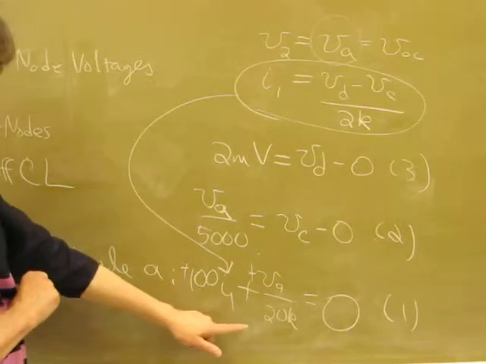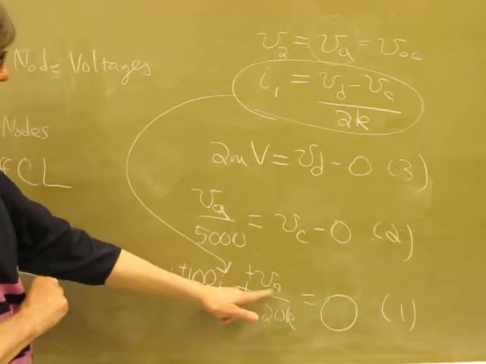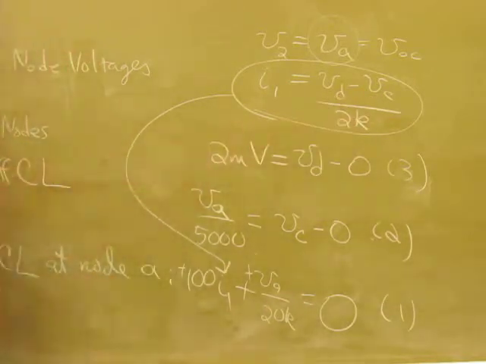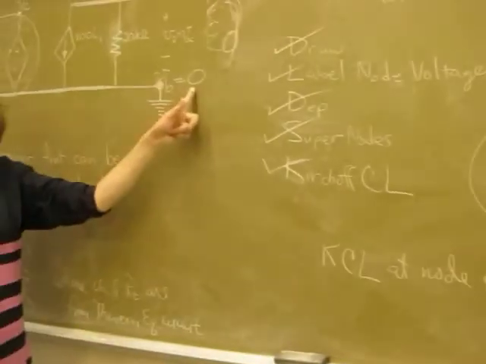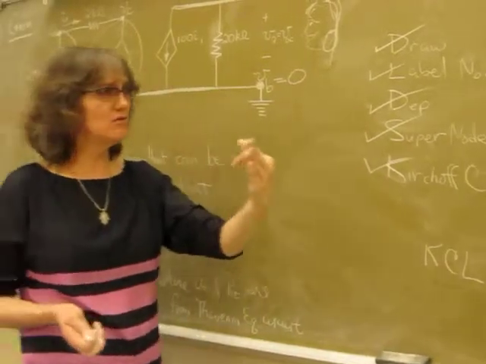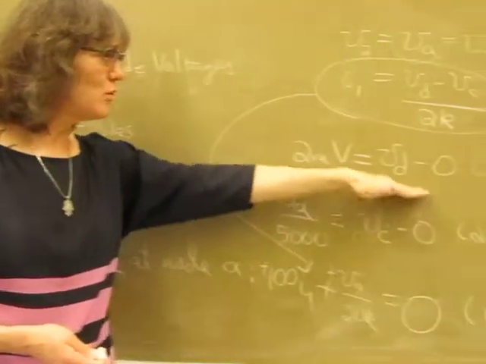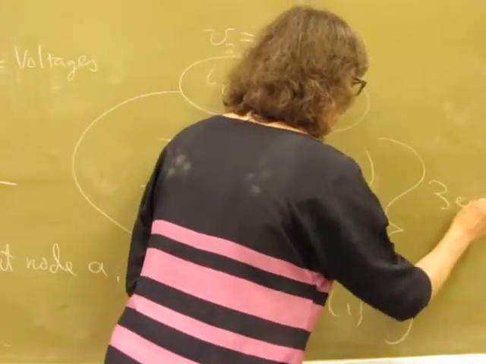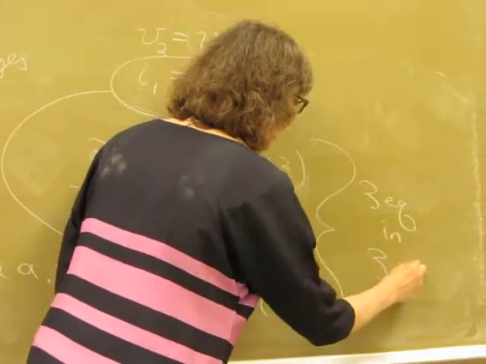And look, the unknowns are VA, VC, and VD. The reason VB is not unknown is because we know it's 0. So really there's only 3 unknowns in this problem. I have 3 equations. 3 equations in 3 unknowns.